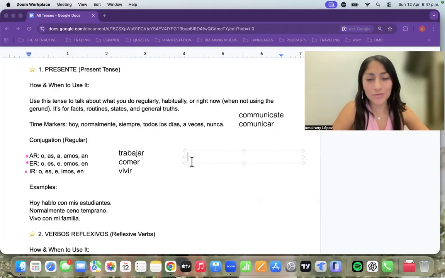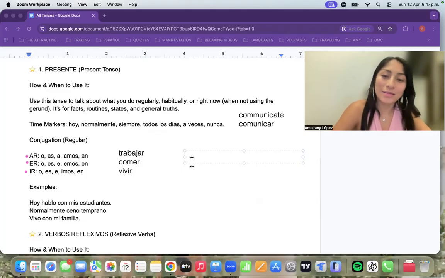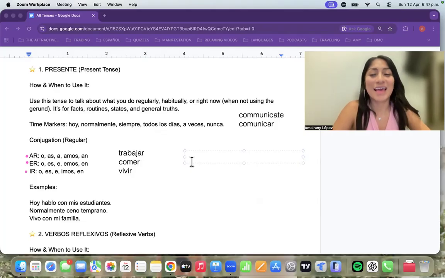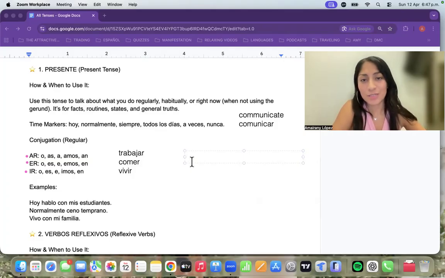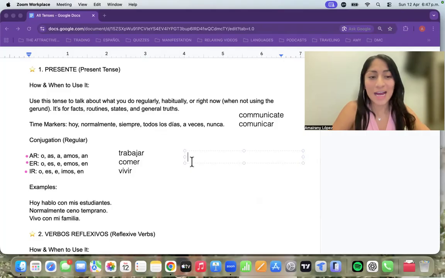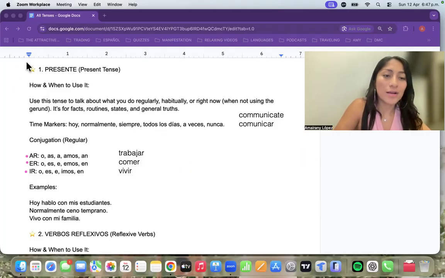What we know so far is that we don't need to add anything at the beginning, like we do in English, as in I eat or you eat, because in Spanish the ending changes so much that all we really need to know is how the word is going to end, okay, for us to have the cues. Now, if I want to say we work, our cue right here, our ending, says amos, okay?